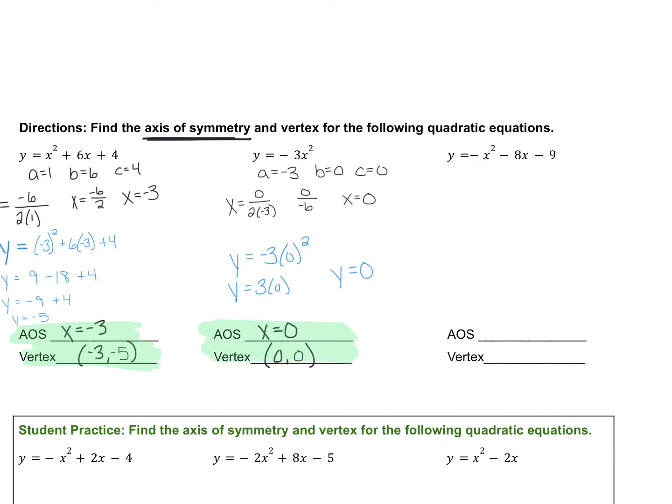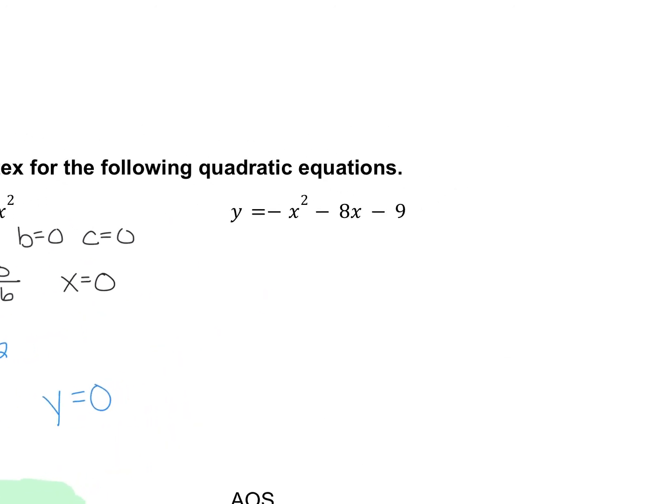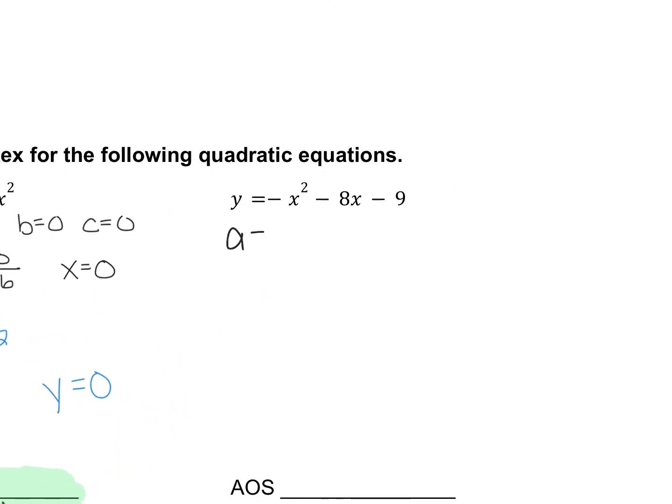Okay, we have one more example to do together. So let's find our A, B, and C first. A is negative 1, B is negative 8, and C is negative 9.